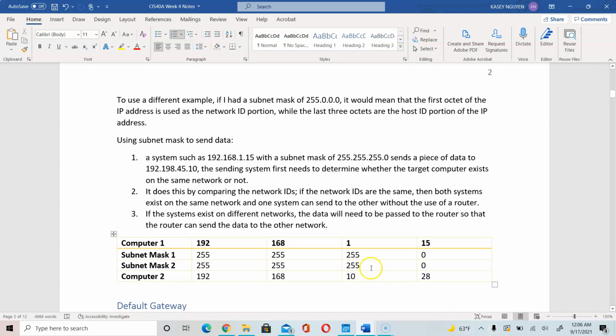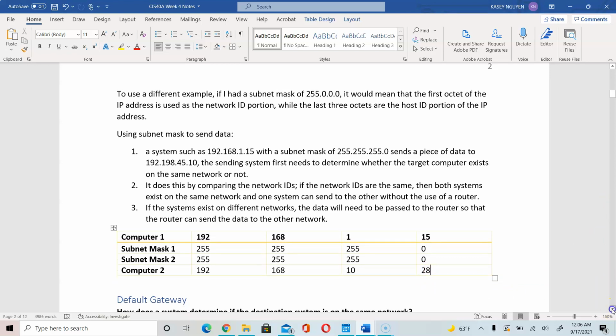So in this case, the subnet mask is 255.255.255.0, as it is a Class C address, so we would have network, network, network, and then the host is the last octet. It would then identify what part of the network the other system exists in.